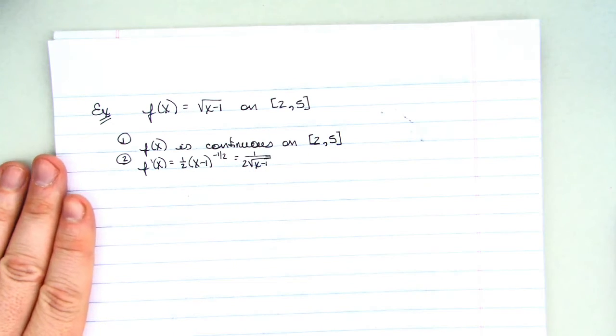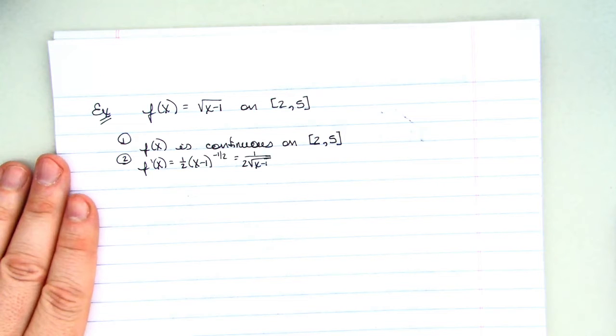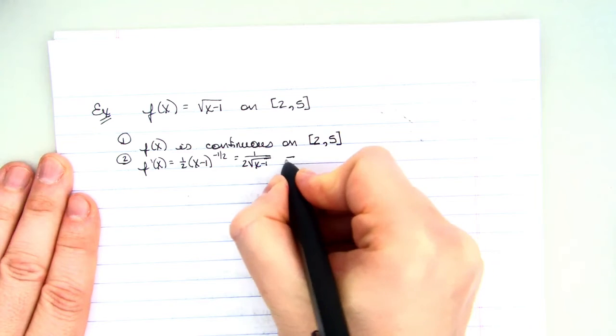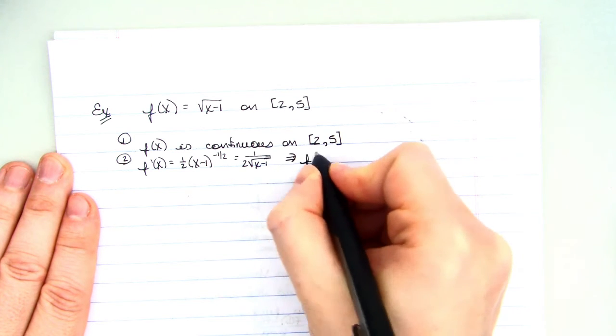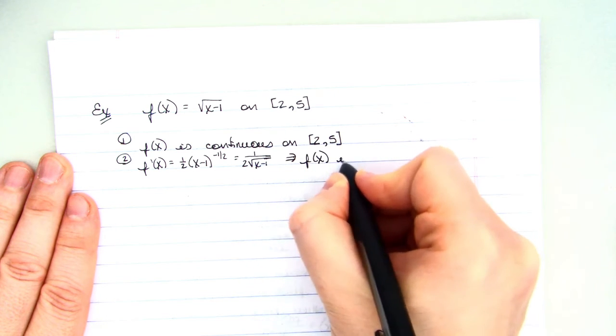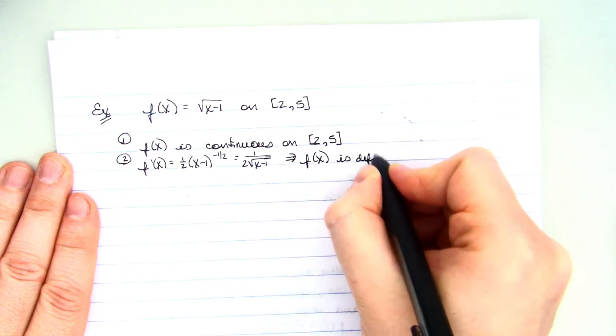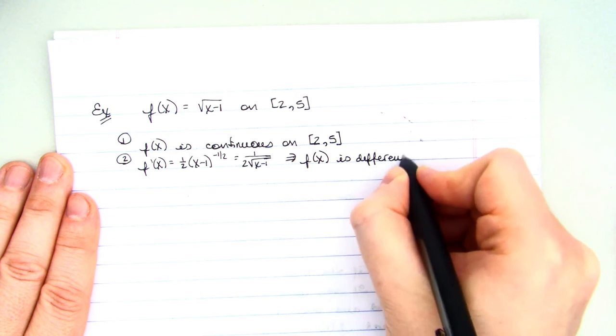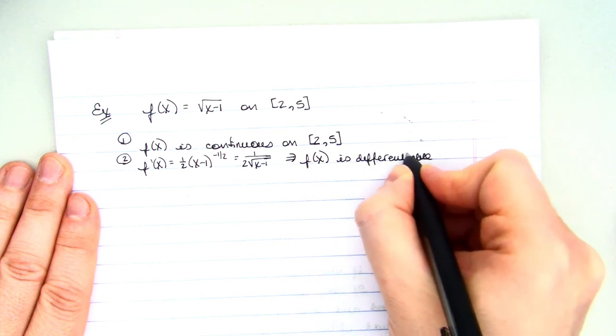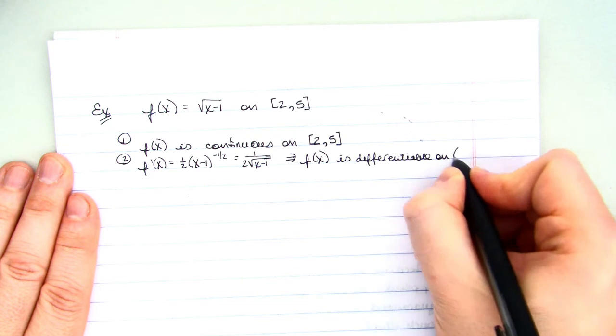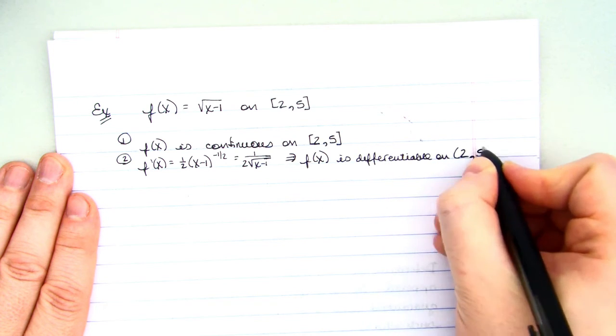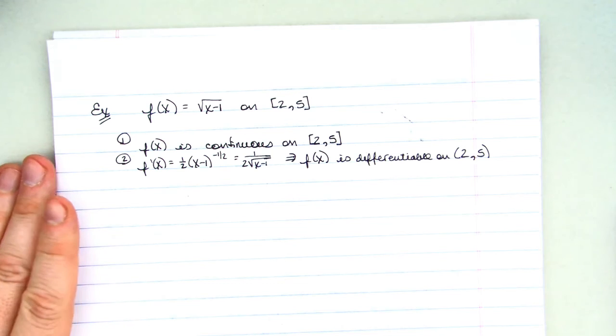I have some issues here at x equals 1. But I don't care about that. I care about between 2 and 5, and there are no issues there. Therefore, since that's my derivative, I can say the original function f of x is differentiable on the open interval from 2 to 5.